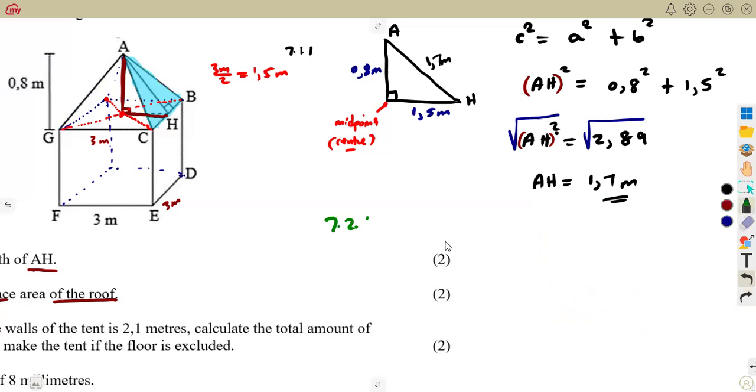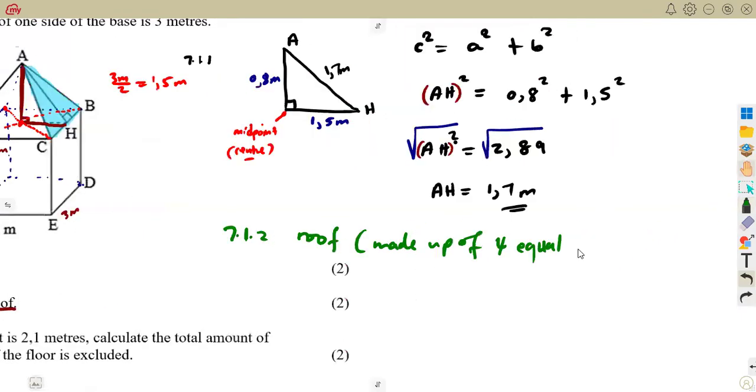That's 7.12. So we are saying the roof is made up of what? It is made up of 4 triangles. There will be equal triangles, so that will be specifically 4 equal triangles.